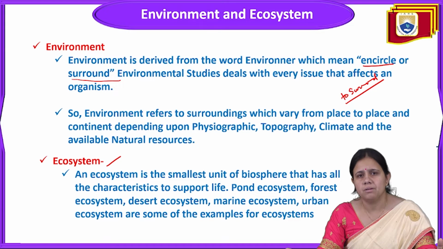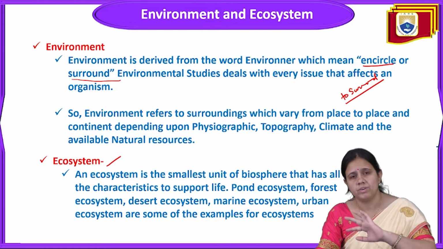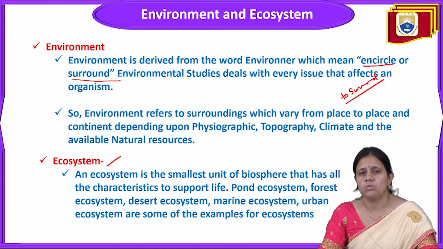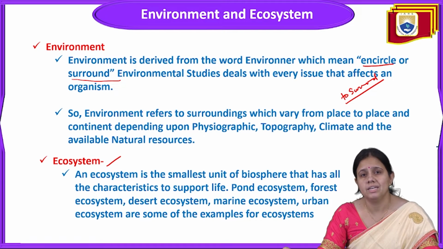In the biosphere everything is there: atmosphere, hydrosphere, soil. In total we call it biosphere. But if we consider a pond ecosystem or a desert ecosystem, then we define it as the smallest unit of the biosphere that has all the characteristics to support our life.